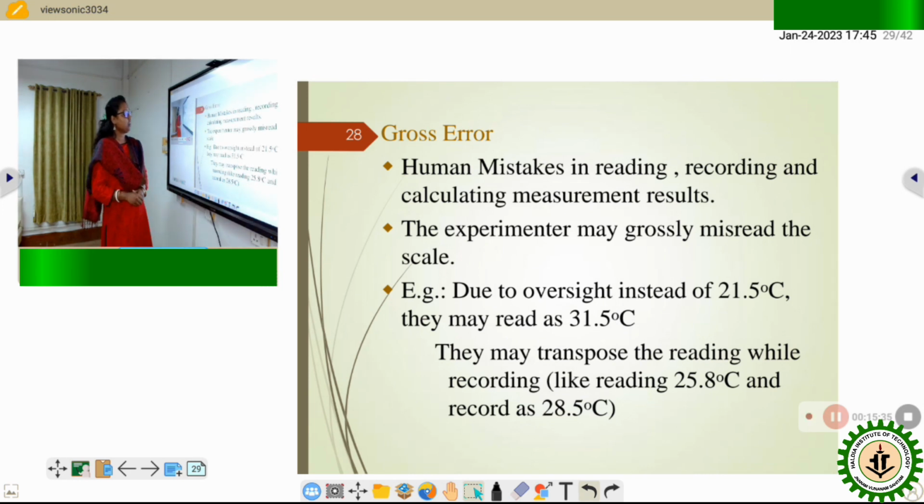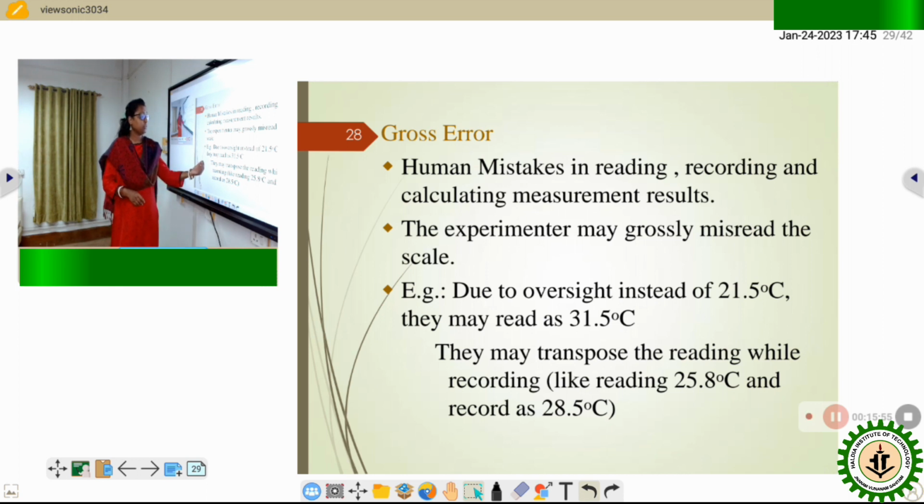In the gross error, there are different kinds of human mistakes that can be made while reading particular data from an instrument. This can also happen in recording particular data or calculating some measurement results.